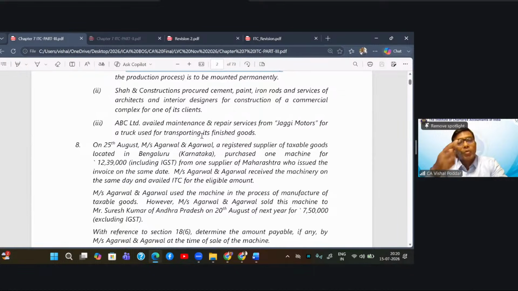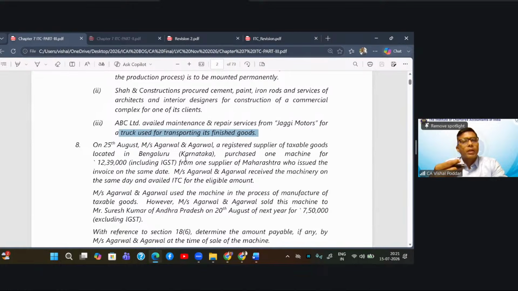Now coming to the second part in 17.5, that is the inward services of repairs, maintenance, servicing, insurance, which are availed by us for our vehicles. When we are availing any inward services for our vehicles, what is the rule? Students, the rule is that the ITC on such inward services will be allowed if the ITC on the main vehicle is allowed. Here the concerned vehicle is a truck, which is a goods transport vehicle, and we know that ITC on a goods transport vehicle like a truck is allowed.